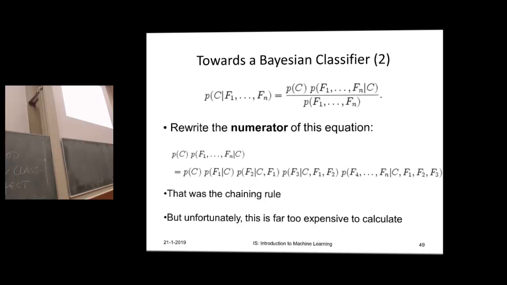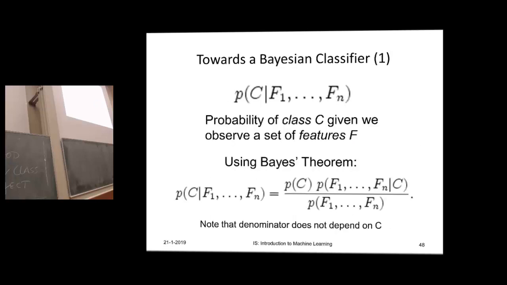There was one more thing that I've skipped. Remember that we want to estimate the probability of something being ham or spam. So we want to know whether this one is bigger for C equals ham or C equals spam. We want to know which probability is bigger.